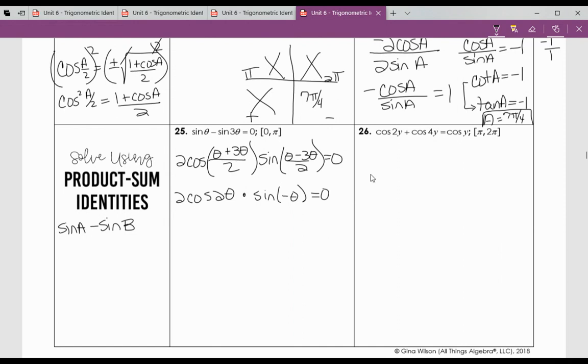Now, I have a double angle formula. So what I'm going to do is replace it with one of its equivalents. Cosine double angle has 3 variations to it. I'm going to replace cosine double angle.